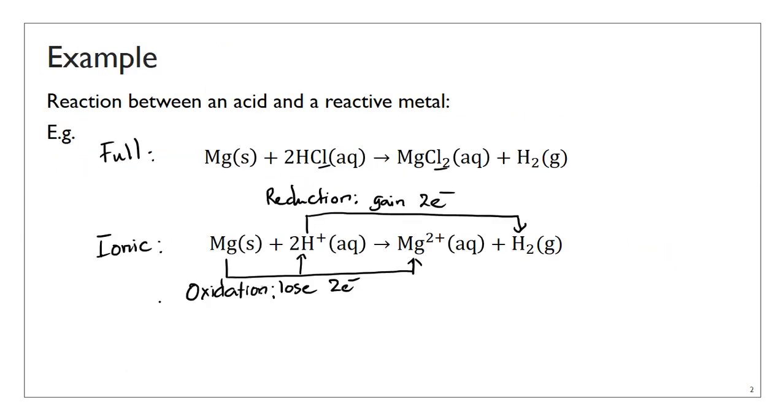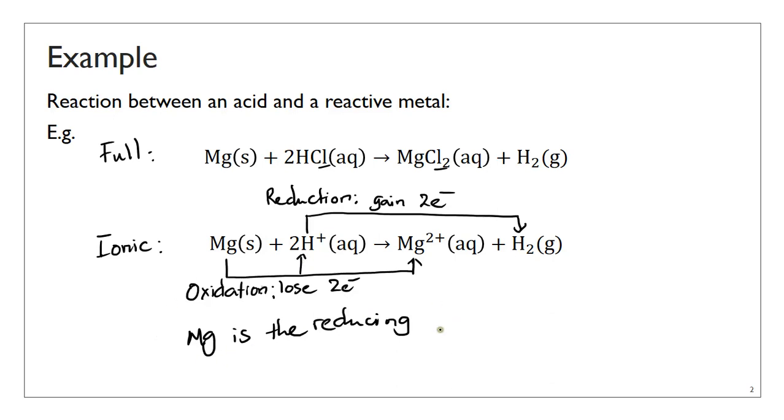So if we go back to our example, magnesium is the substance that undergoes oxidation, so Mg is going to be the reducing agent. Or you can say that magnesium is able to give 2 electrons to protons, so it causes the protons to reduce.